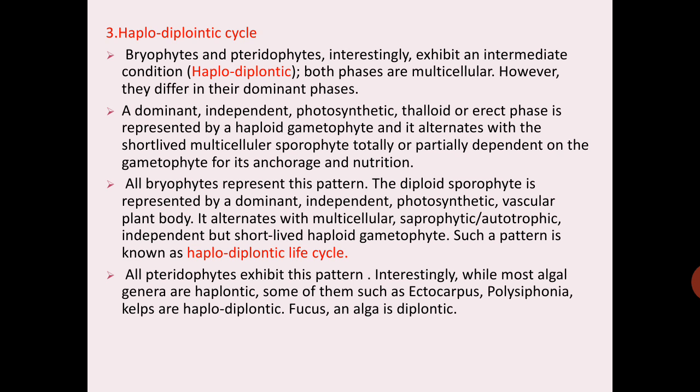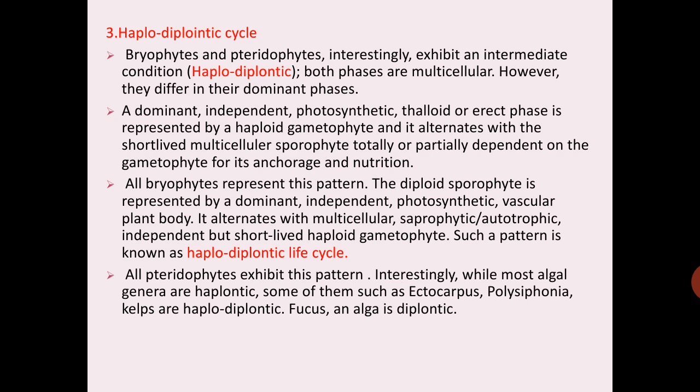In pteridophytes, the diploid sporophyte is represented by a dominant independent photosynthetic vascular plant body. It alternates with a multicellular, autotrophic, independent but short-lived haploid gametophyte. Such a pattern is known as the haplodiplontic life cycle. So this is intermediate between haploid and diploid.